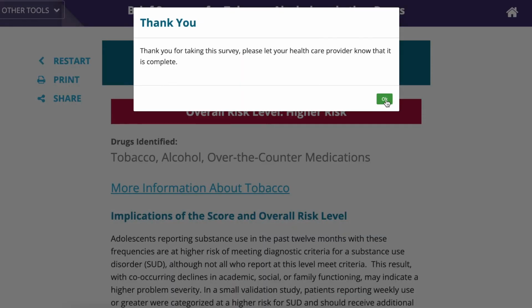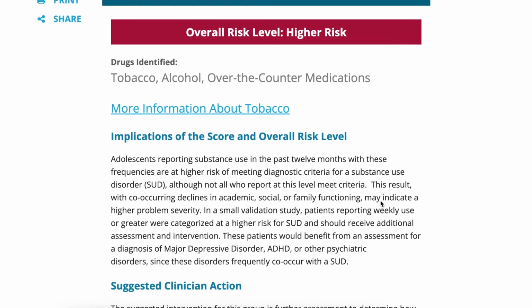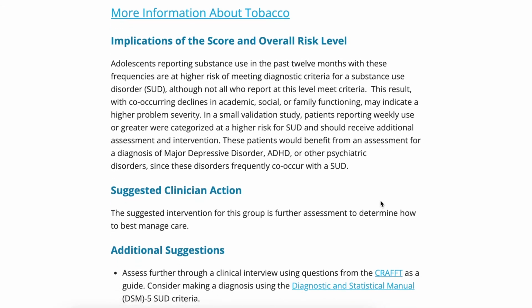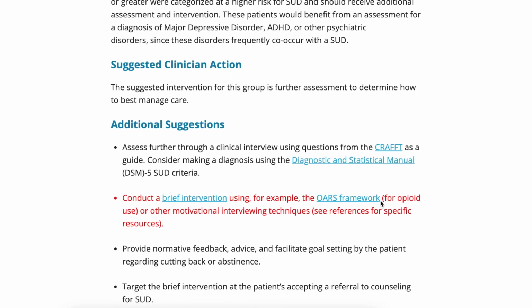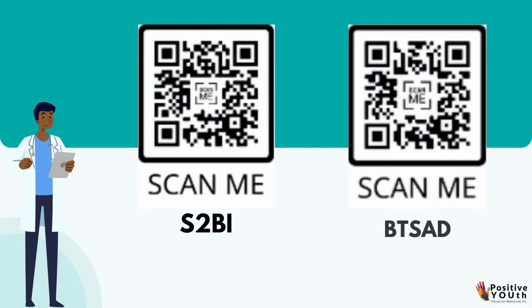In addition to the risk score, clinicians receive information about the score's implications, suggested actions, and additional resources that were compiled through subject matter expert consensus. Scan the QR code to access the S2BI online tool. Scan the QR code to access the BSTAD online tool.